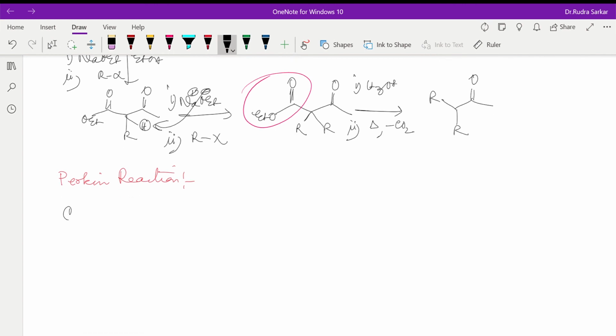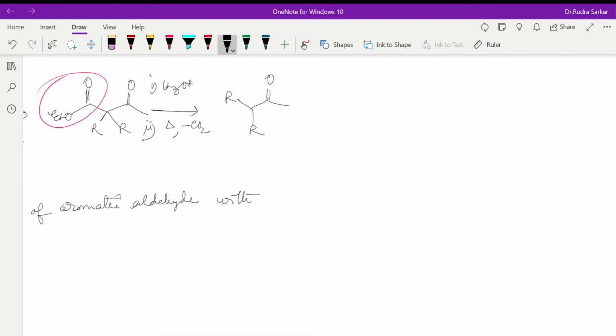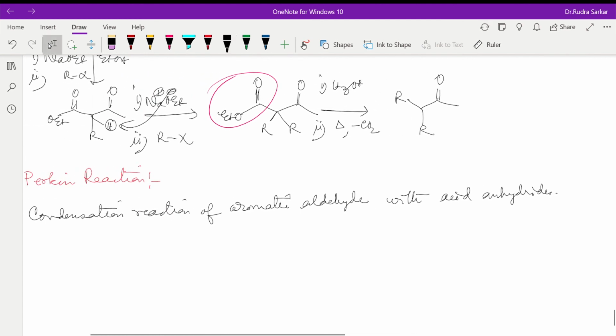These are basically condensation reactions of aromatic aldehyde with acid anhydrides in presence of sodium or potassium salts of the same acid.